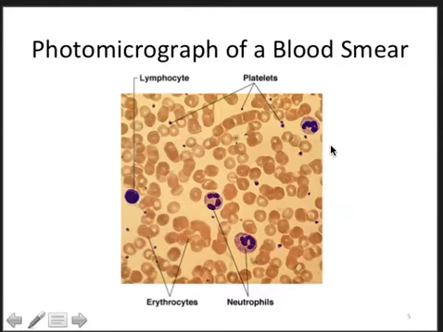The erythrocytes are these round cells, they look like little brown rings almost. They're actually biconcave discs. They're filled primarily with hemoglobin, and their job is to carry oxygen and carbon dioxide around the body.